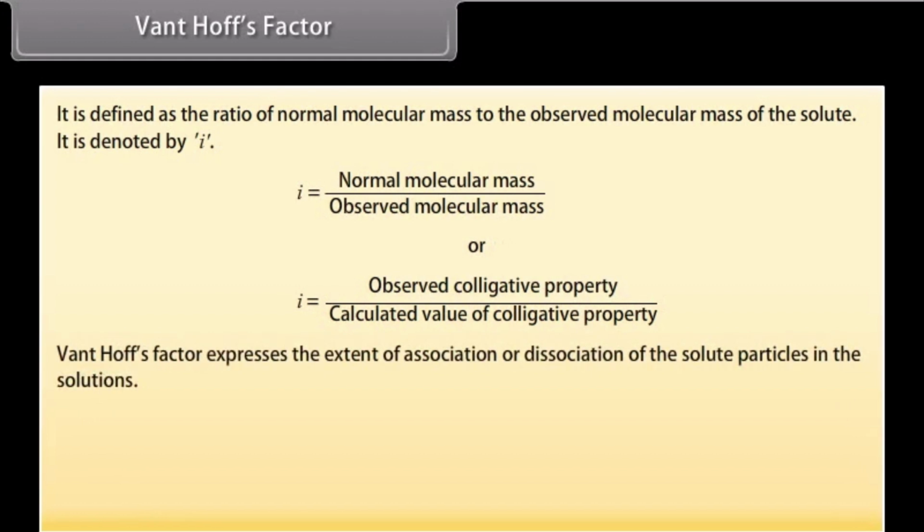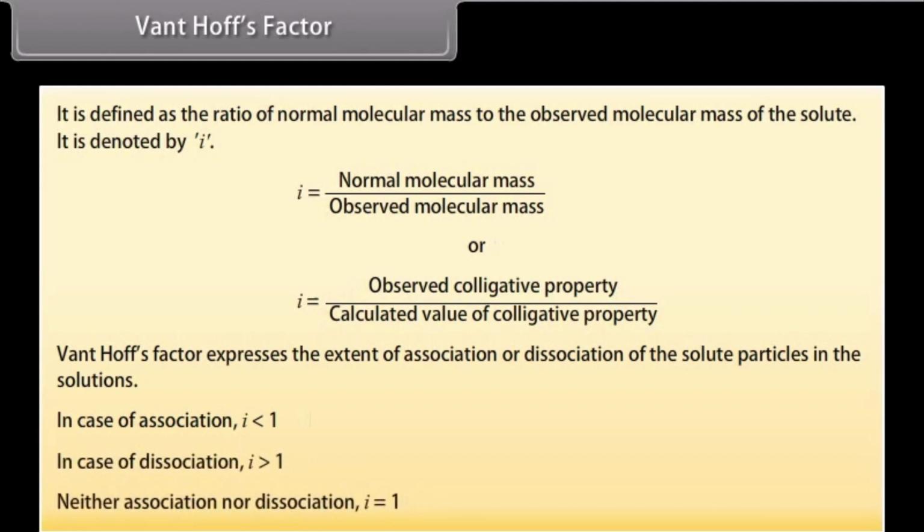Van Hoff's factor expresses the extent of association or dissociation of the solute particles in the solutions. In case of association, i is less than 1. In case of dissociation, i is greater than 1. Neither association nor dissociation, i is equal to 1.